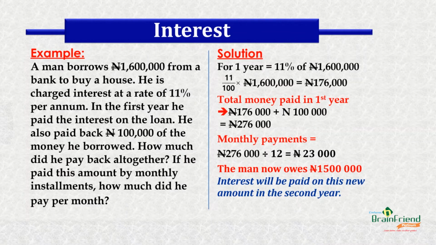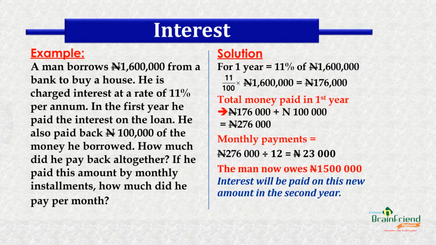Here is an example that explains interest some more. A man borrows 1,600,000 from a bank to buy a house. He is charged interest at a rate of 11% per annum. In the first year, he paid the interest on the loan. He also paid back 100,000 naira of the money he borrowed.